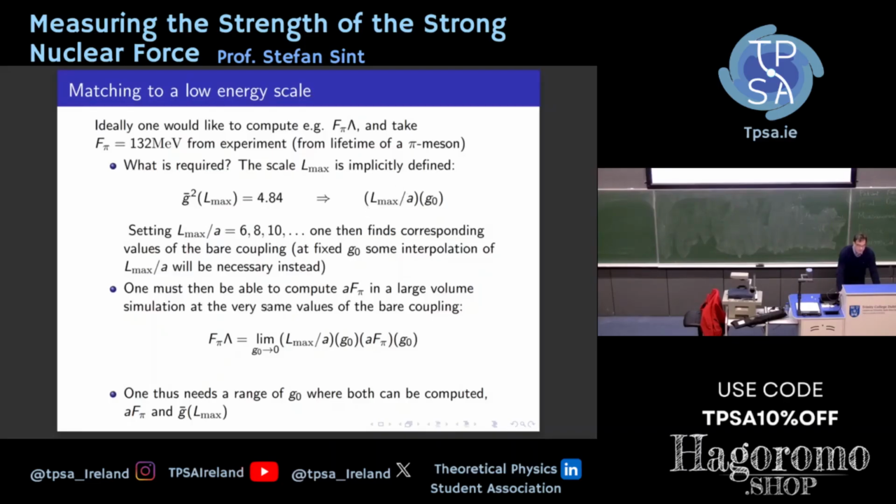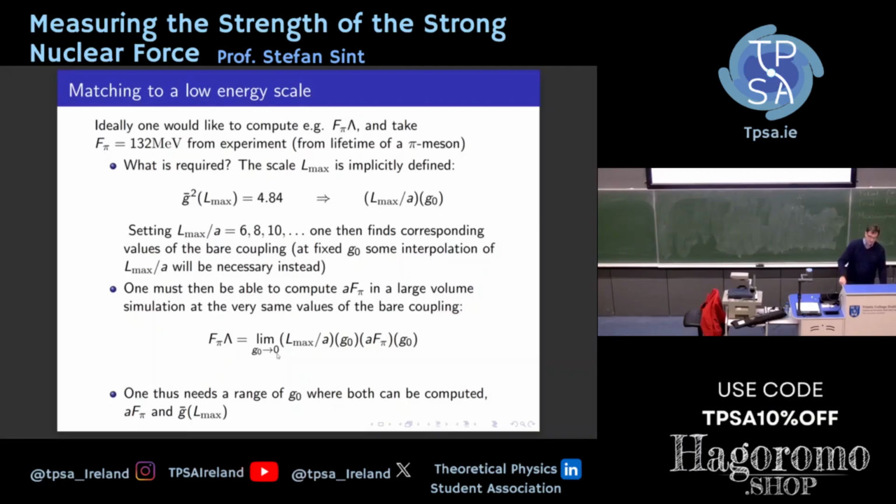And now what you need to be able to do is to evaluate the pion decay constant in a large volume at the same values of the bare coupling, which means essentially the same value of the lattice spacing. If you have f pi in lattice units as a function of the bare coupling, times the maximal box size over a in lattice units at the same values of the bare coupling, then the continuum expression for that is when the bare coupling goes to 0.